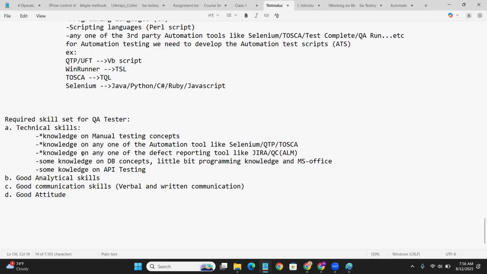Sometimes I will explain some database concepts and API concepts, an introduction to API testing and database concepts. Then good analytical skills, good communication skills, good attitude. These are the things you should have to get a job as a test engineer.